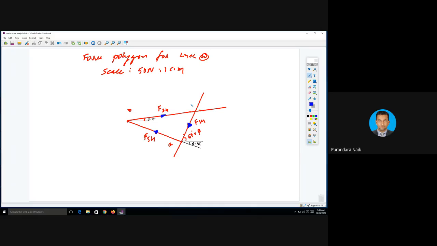This is point C. Write down: F34 is equal to length of BC into scale.